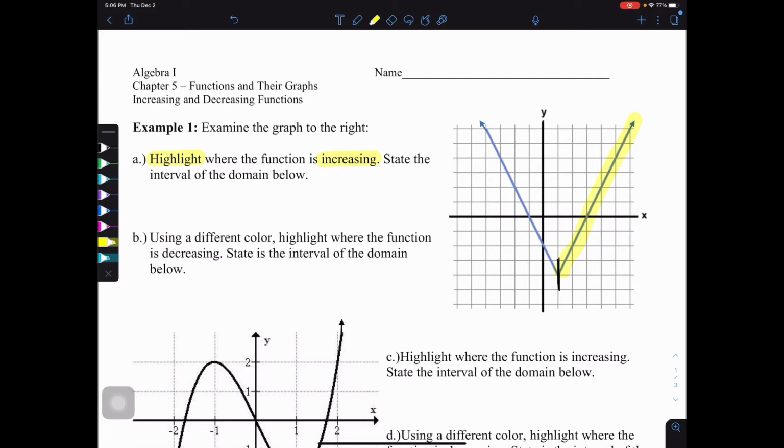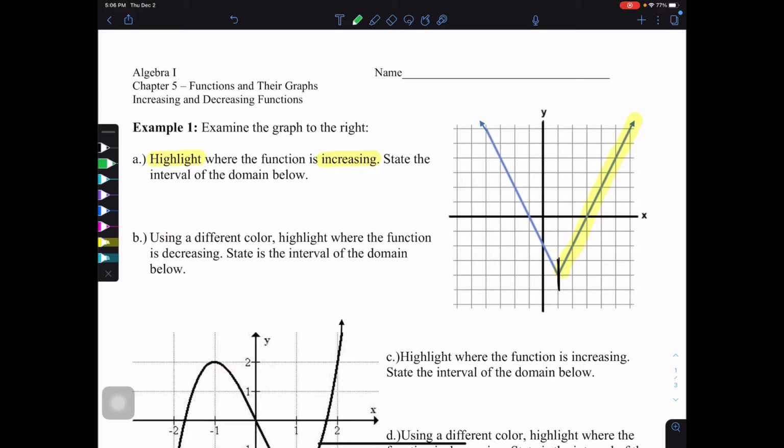Next, it wants us to state the interval of the domain below. So whenever we are trying to identify the portion of a graph that's either increasing or decreasing, we always use the domain to describe that area. And we are going to write that in interval notation.